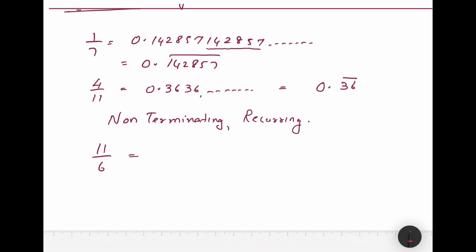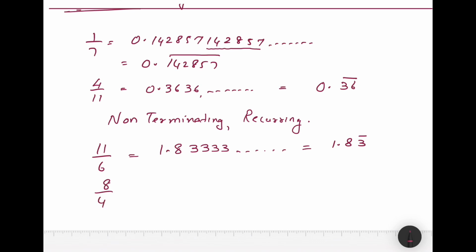So here it will be 1.83333, 3 is getting repeated. 8 is not getting repeated, only 3 is getting repeated. So it is 1.83 with the bar on the top of 3 only, not on 8. If you put a bar on 83, then it will be 83, etc. So the number which is getting repeated only, you have to put a bar just on that number only.